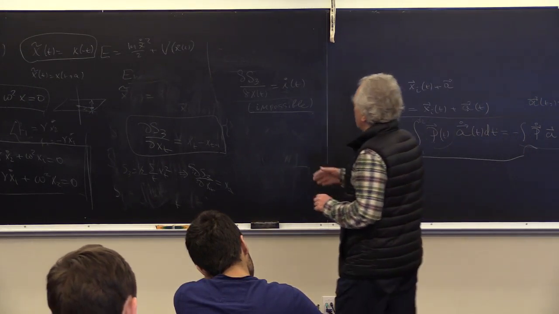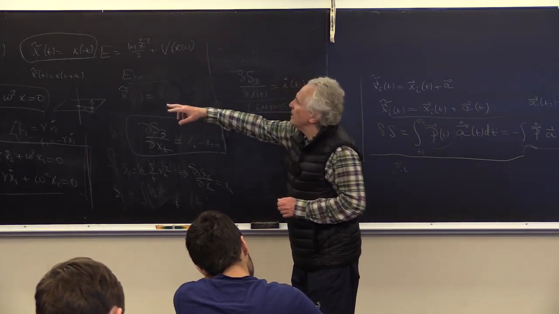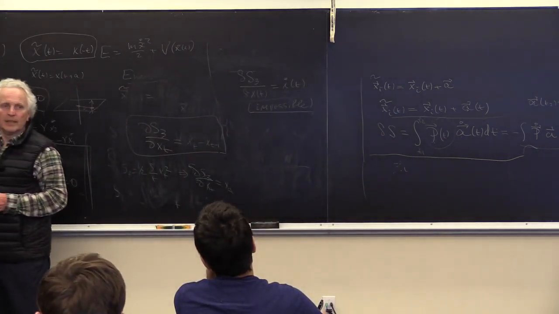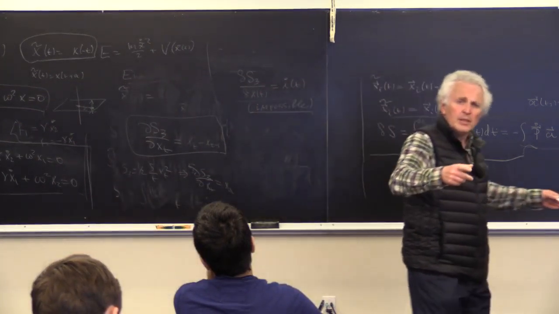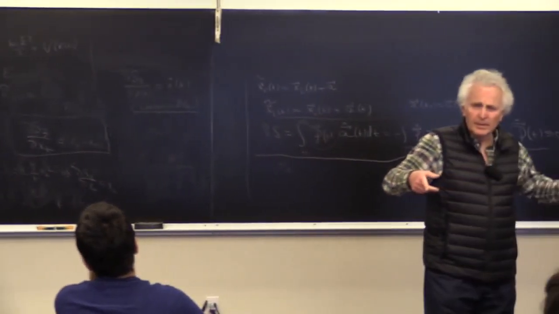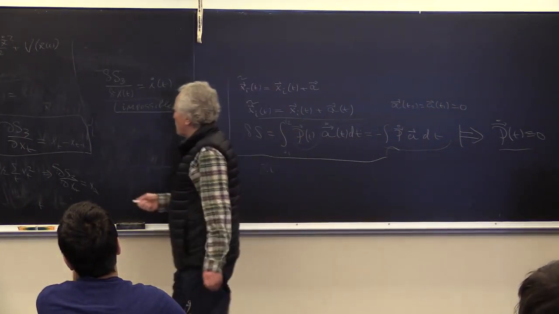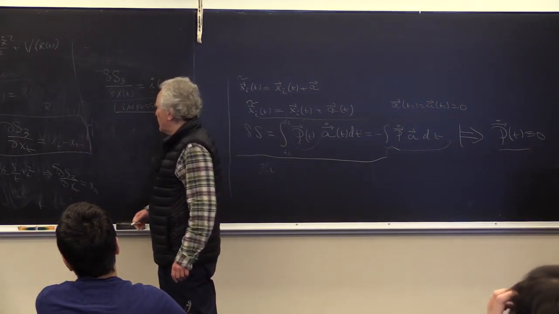But indeed, what will happen if you try to solve this is the discrete analog of this. You will get something which depends on the boundary. Anyway, if you try to solve this, you cannot.